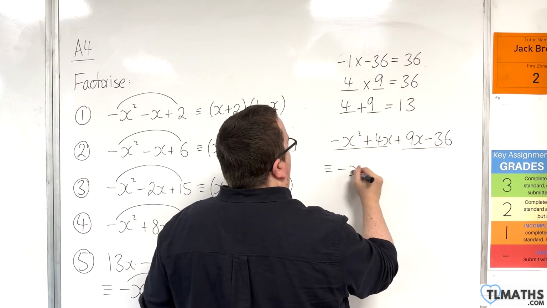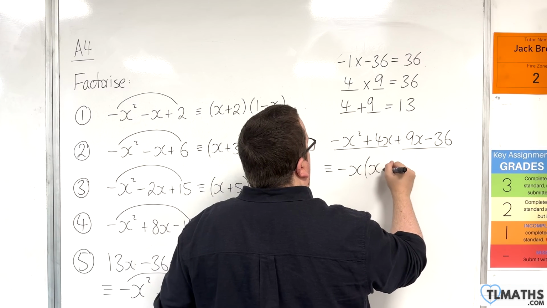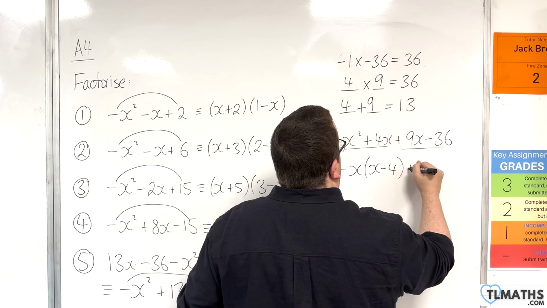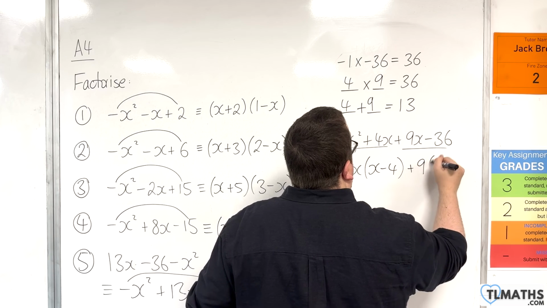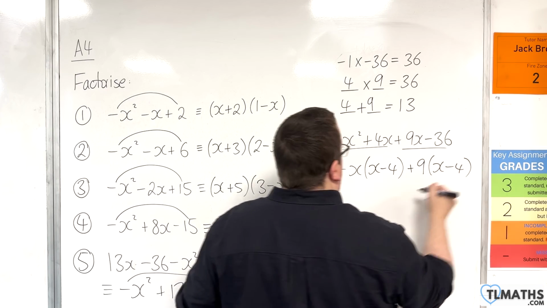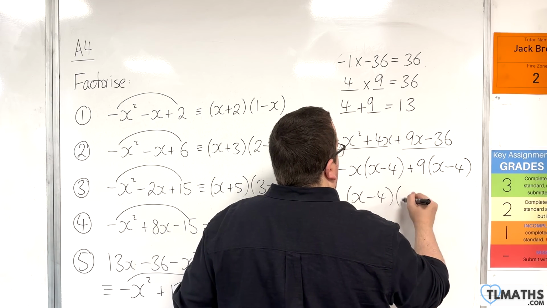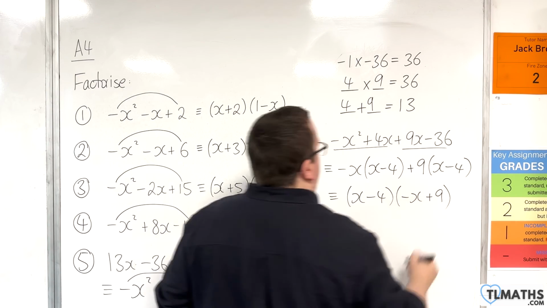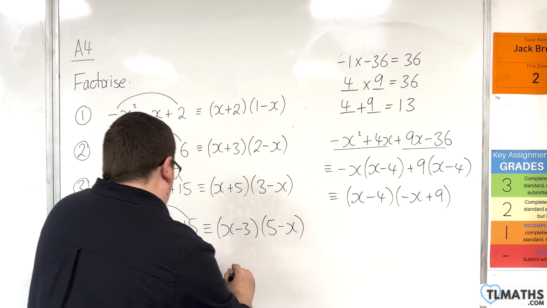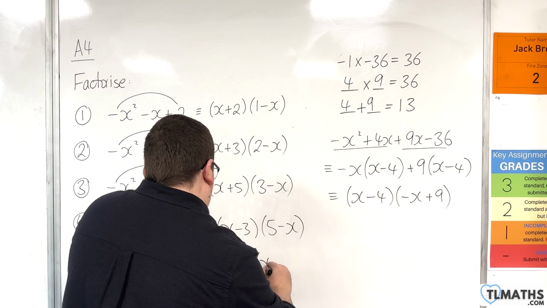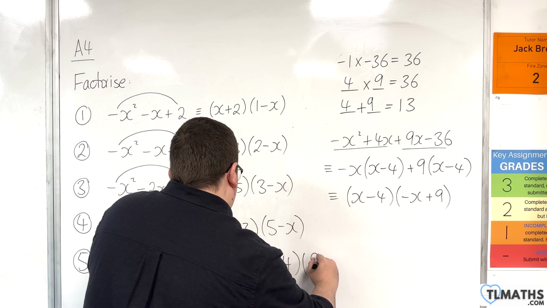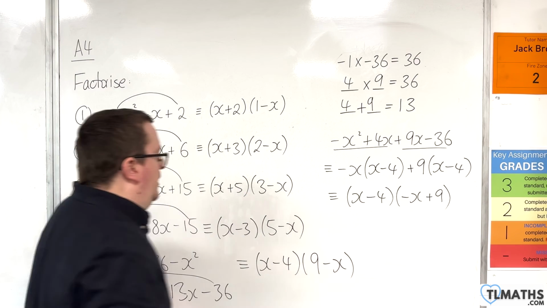So factor the minus x out of the first two terms, we're going to get x take away 4, and then factor the 9 out of those to get x take away 4. So one of the brackets is x take away 4, and the other bracket is minus x plus 9. So x take away 4, and then 9 take away x.